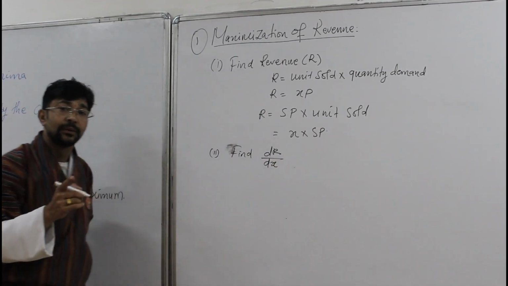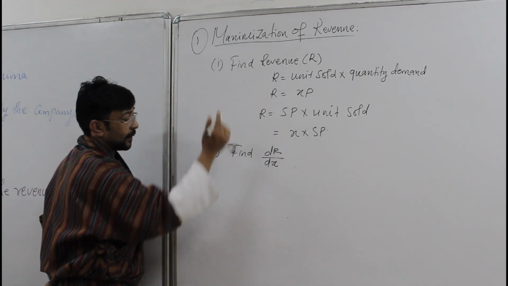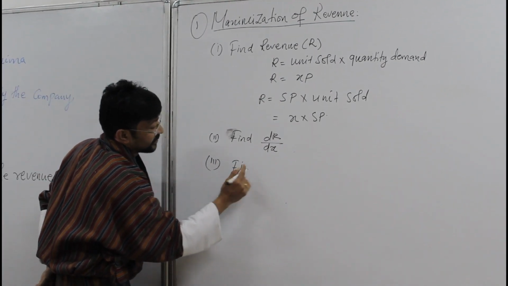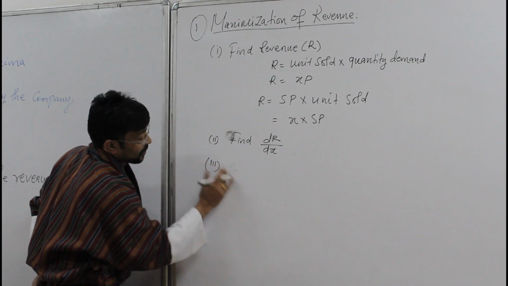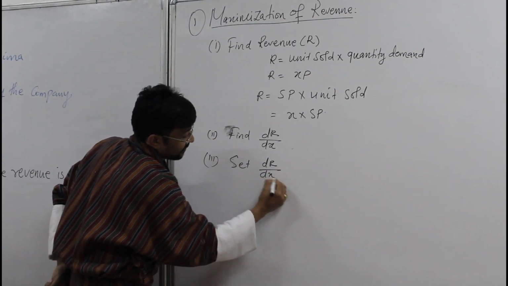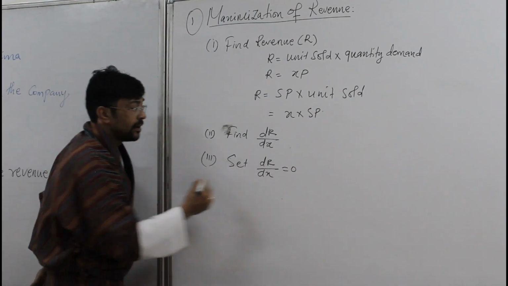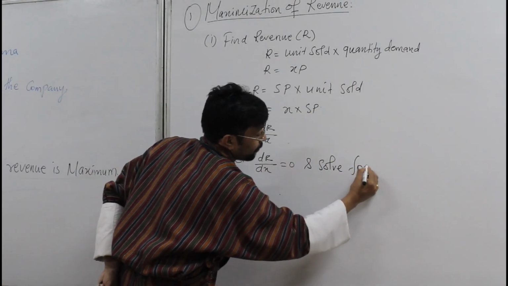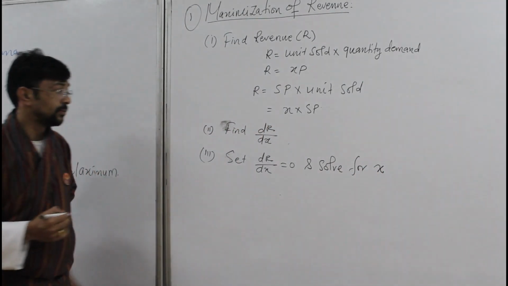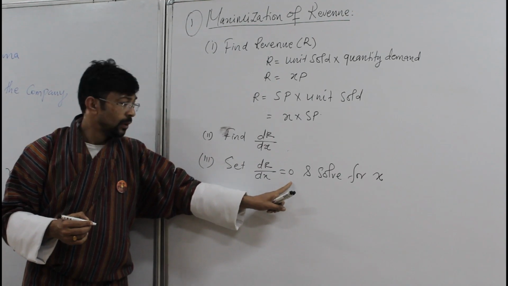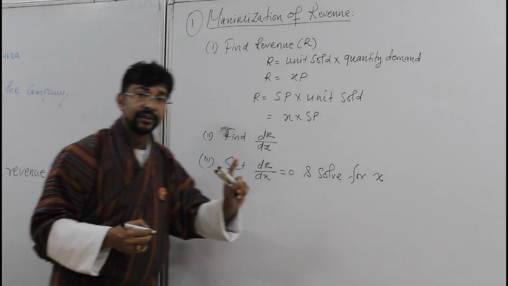That means you are finding the first derivative of R. In the third step, you set dR by dx equal to 0 and solve for x. So you are equating the first derivative to 0 and solving for x.